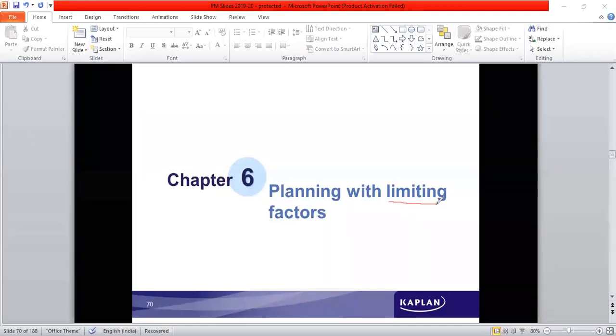If one resource is a constraint, it is not abundantly available, if there is some restriction in terms of that, then the focus will move towards that particular thing. For example, maybe material is not abundantly available. There is only a limited amount of material available. In that case, that material only has to be used and the profit has to be maximized.